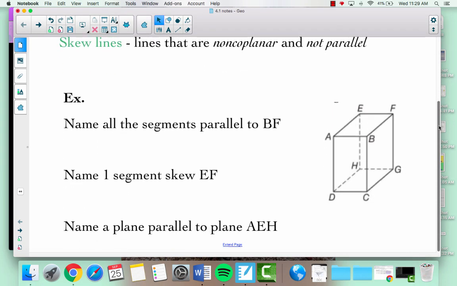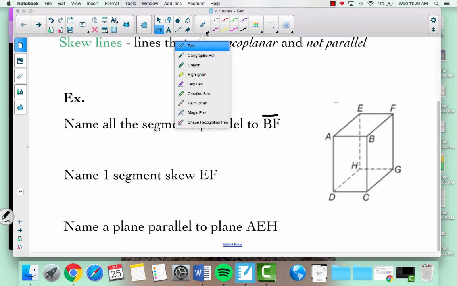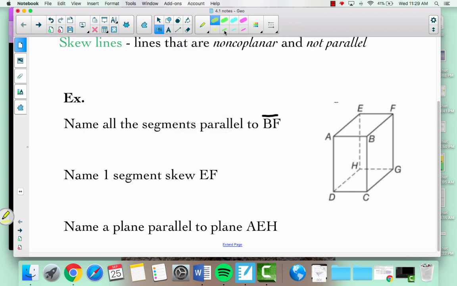So here we've got this three-dimensional figure, and in example 1 it says to name all of the segments that are parallel to segment BF. So the first thing I always do is identify where my segment is that I'm working with, and if you want to use highlighters or crayons or markers, whatever is easiest to help you. So BF is that top right edge, and all the sides that would be parallel to it are going to be the ones that do not intersect but are in the same plane.